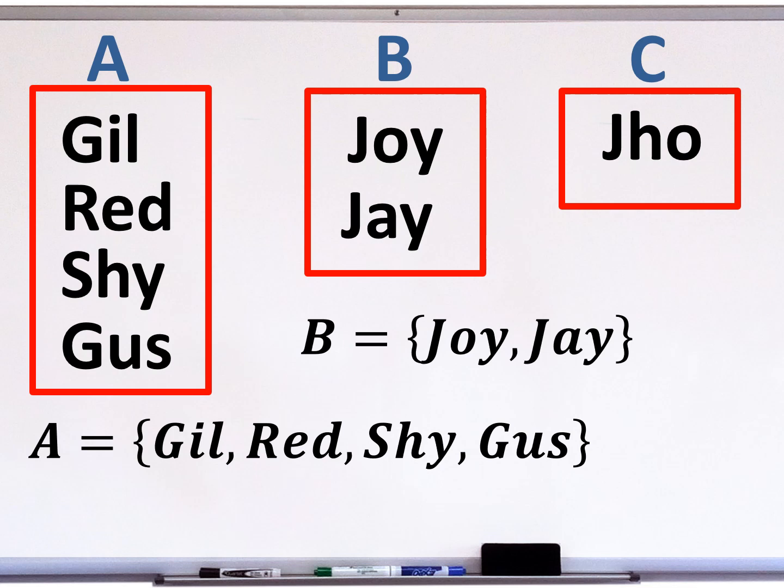And for the last one, we have the element of Jo, or the name of Jo, for set C.